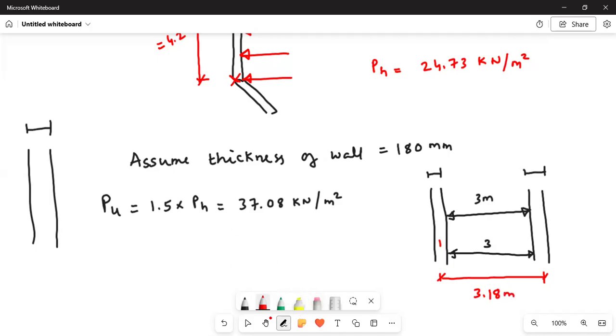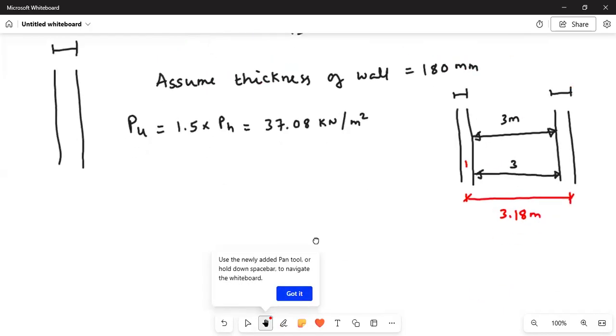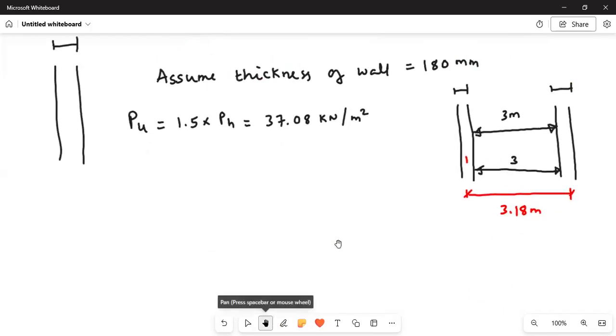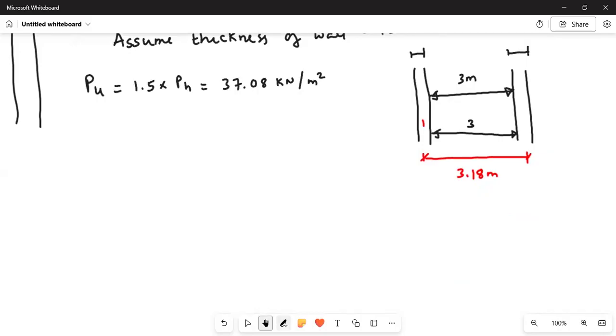Now we can find the bending moment, the negative bending moment, and the positive bending moment for the side wall. Already I have given you the formula. The same formula we shall be using to find the bending moment at the corner, that is negative bending moment, and bending moment at the midspan, that is positive bending moment.